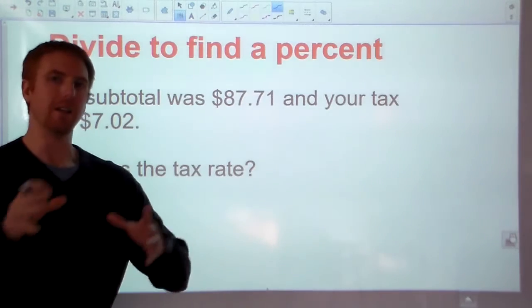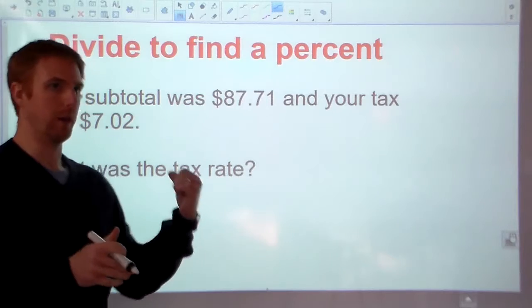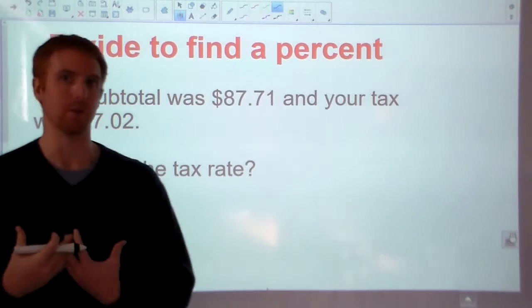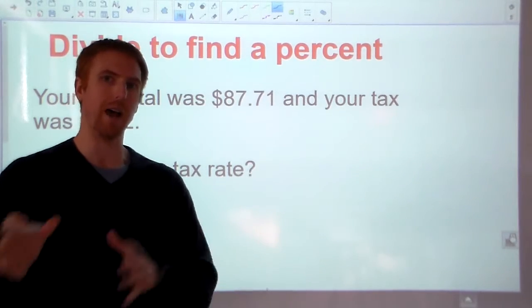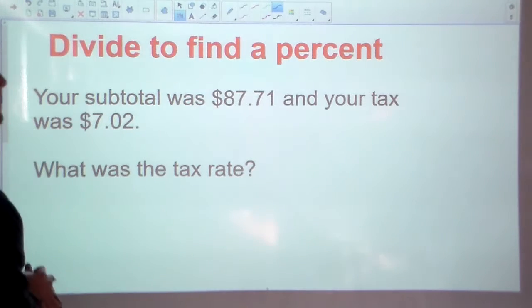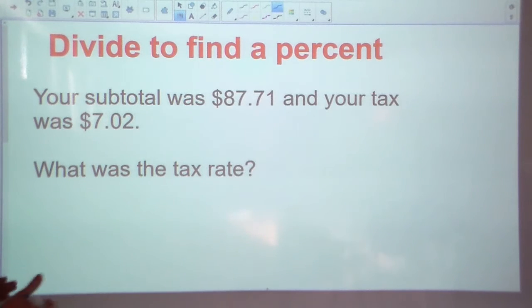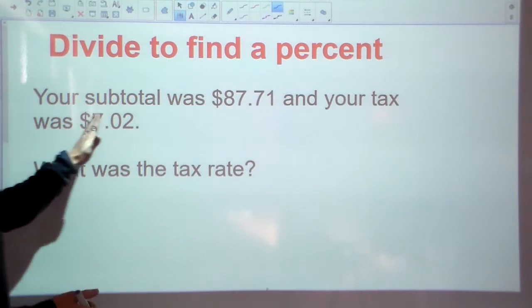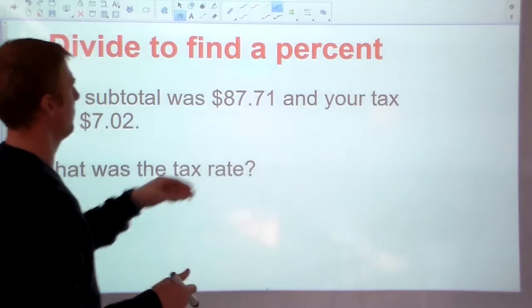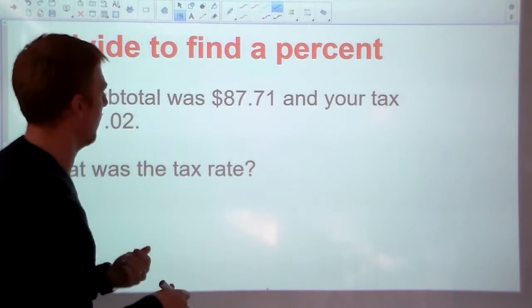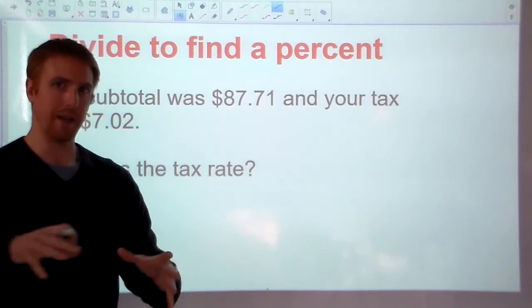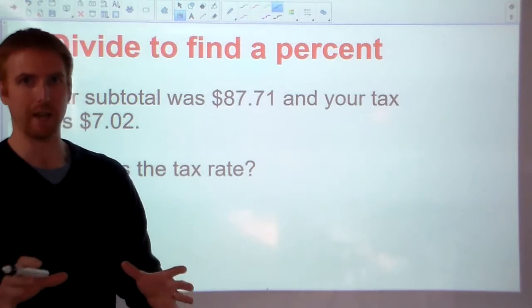Now, if you're finding a percent, this is the way you do it. You divide. If you're given a percent, you multiply. If you're finding a percent, you divide. So divide to find a percent. Your subtotal is $87.71. So let's say you went to Walmart, and that's what everything added up to be before they added tax or anything to it.